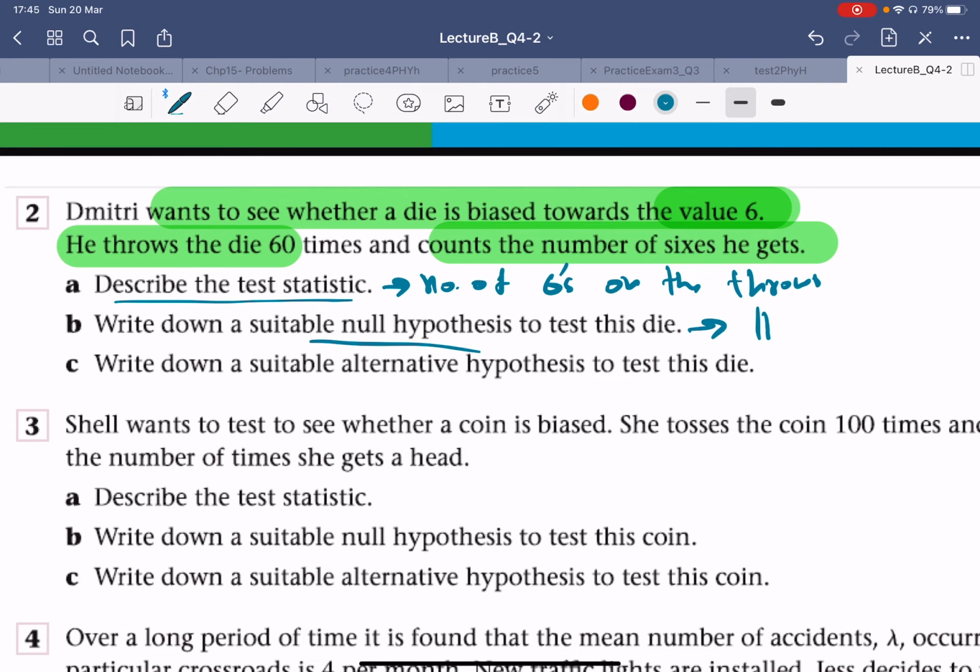Okay, the null H0. For H0 you want to say the die is biased, right? So let's just say the number of 6s here, I will just call it X, right? So if it is biased, then you can say a probability of X being greater than 0.5. X is the number of 6s.